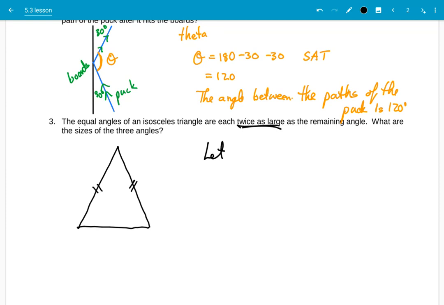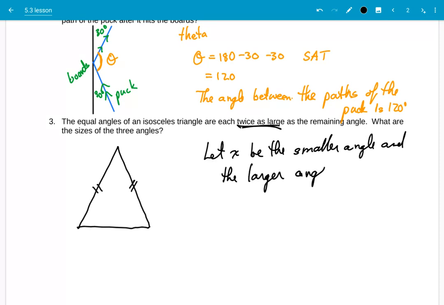So let x be the smaller angle. And the larger angles will be twice as large, 2x. So the two 2x's go here, the larger two angles, and this is x up here.